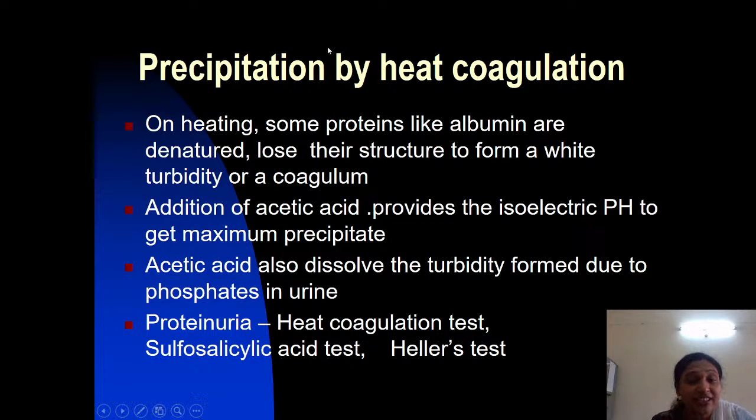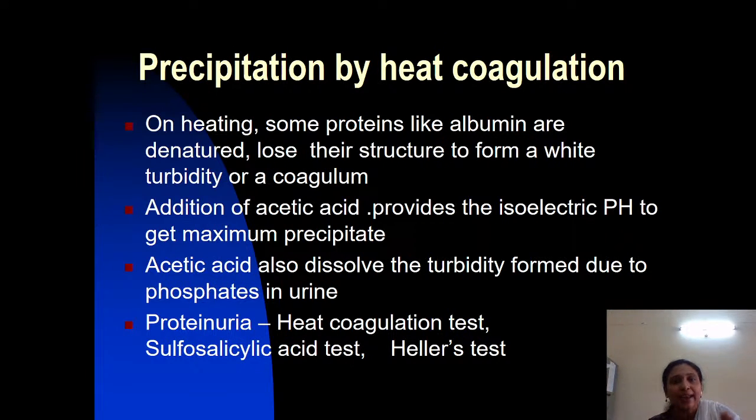So addition of acetic acid provides the isoelectric pH to get the maximum precipitate. And there is one more reason to add acetic acid: it also dissolves the turbidity which is formed due to the phosphates in the urine.